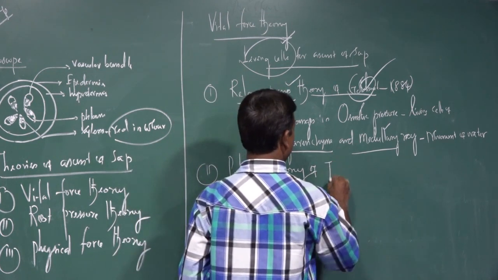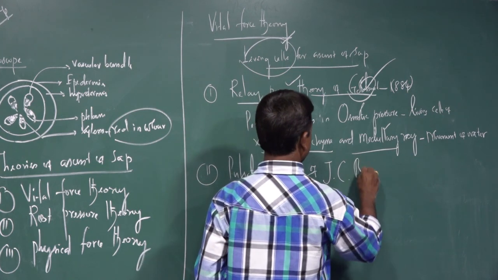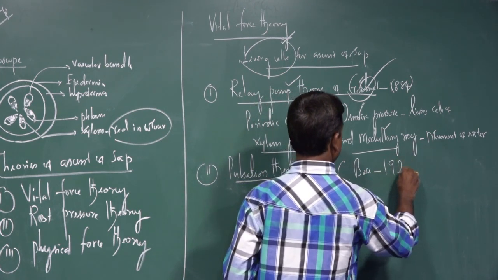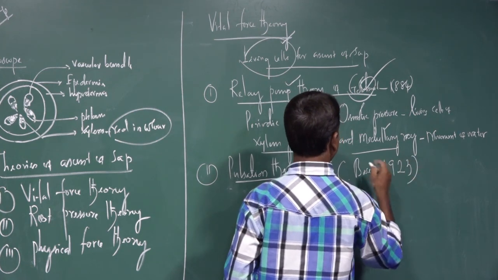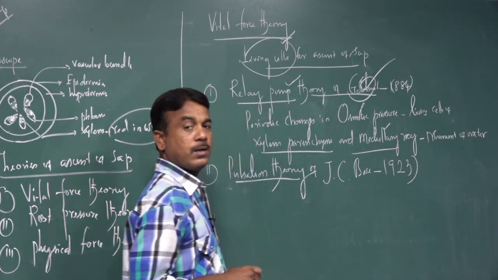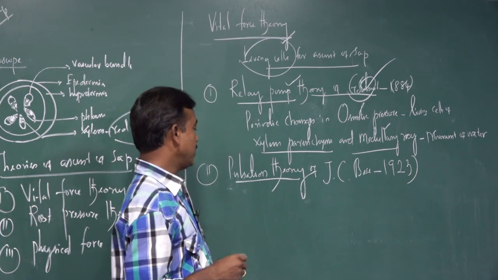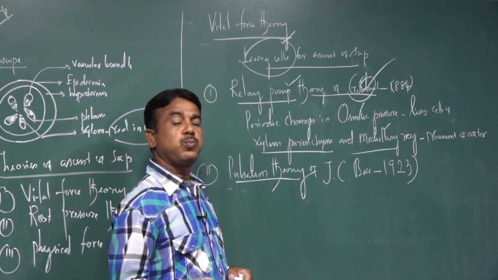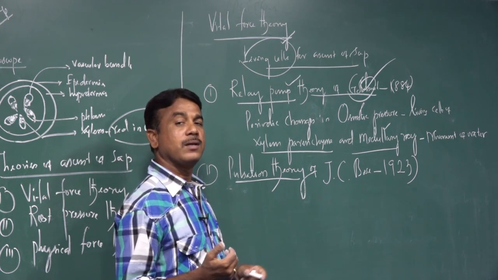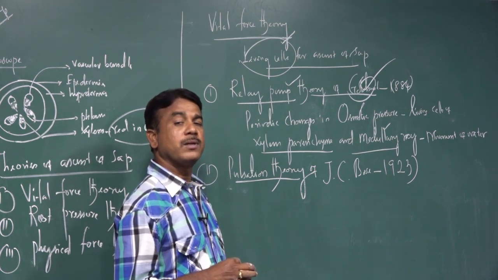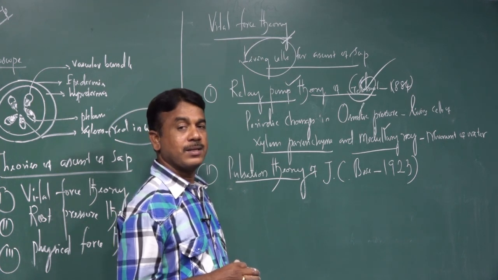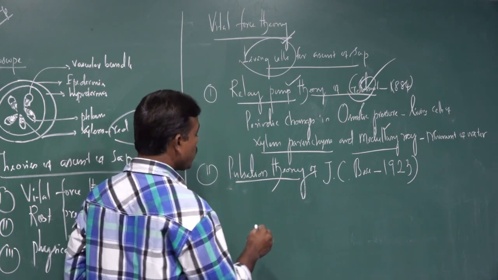J.C. Bose, in the year 1923. What is the pulsation theory commonly called? To prove the movement of water, J.C. Bose invented one of the greatest apparatus, commonly called the crescograph.